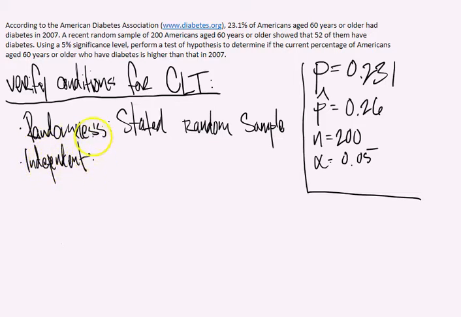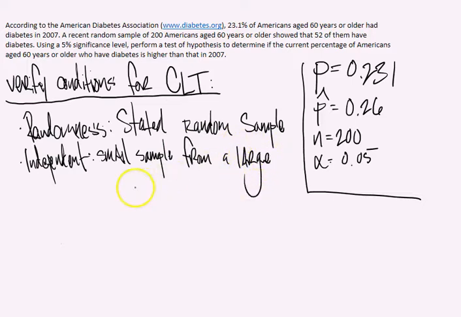Each element in my sample cannot be reliant on the answers of the other elements in my sample, right? The way that we do this is we have a small sample from a large population.